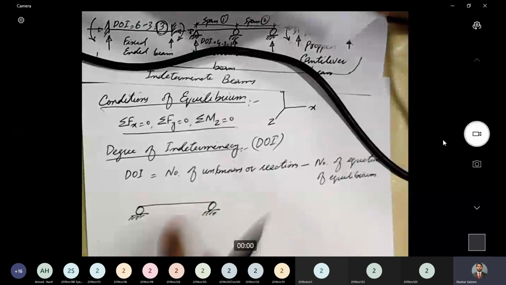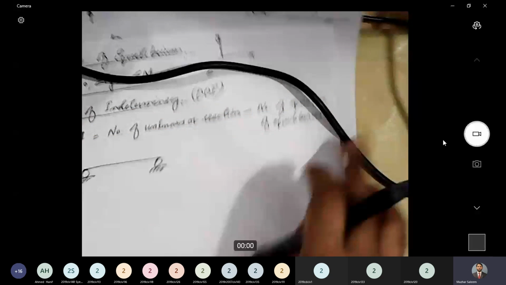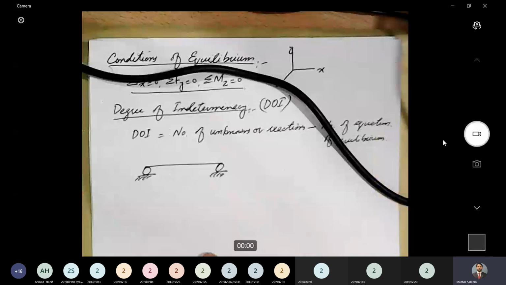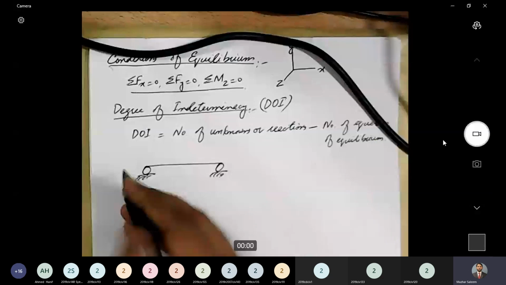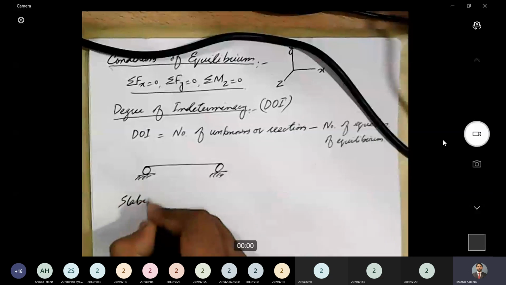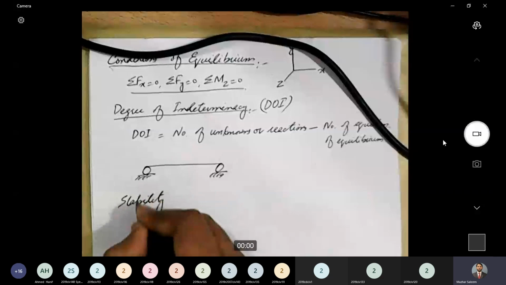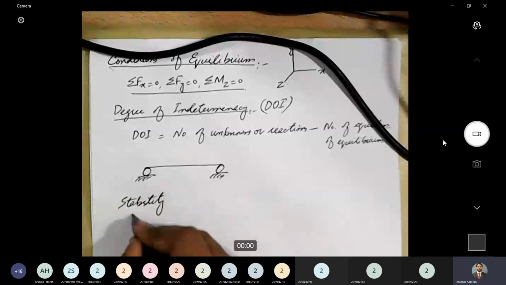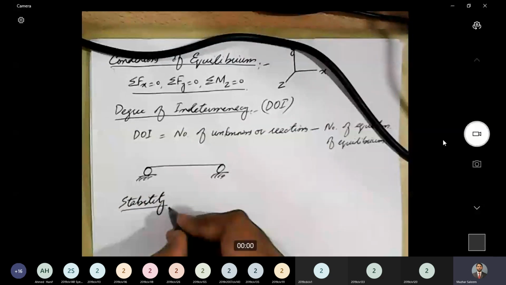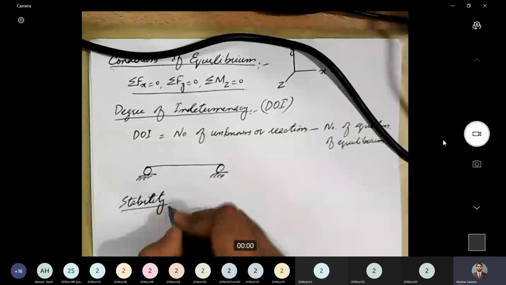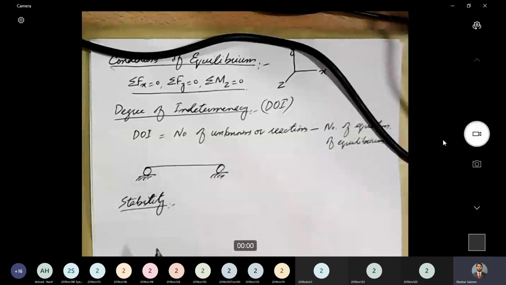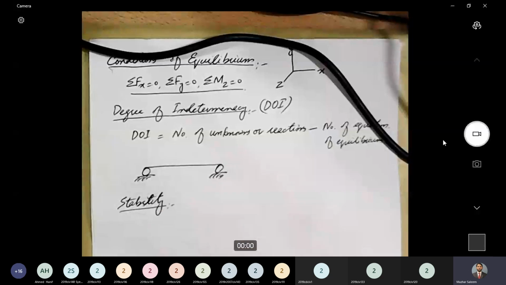Other than determinacy, another important question about beams is regarding their stability. What do we mean by stability?